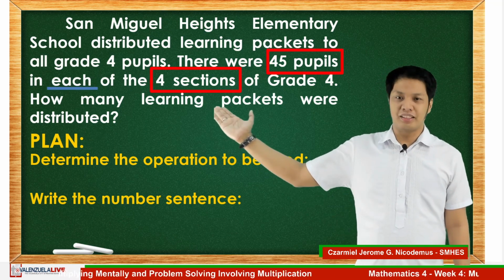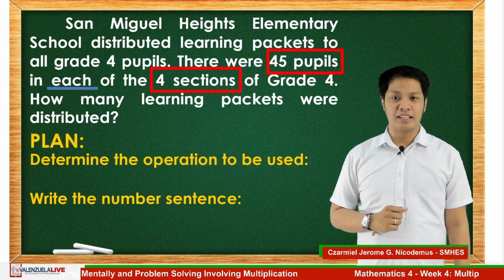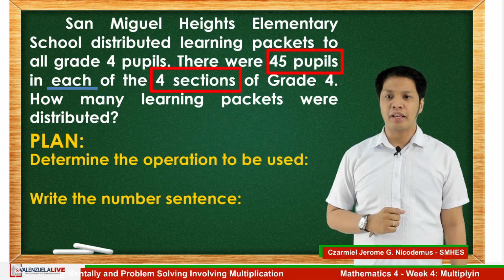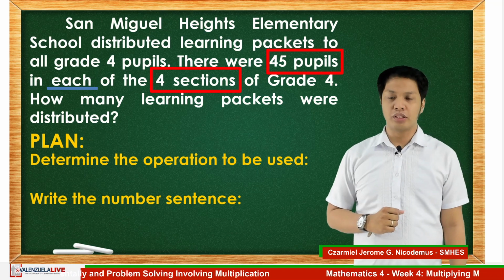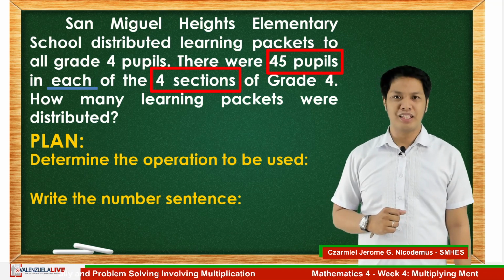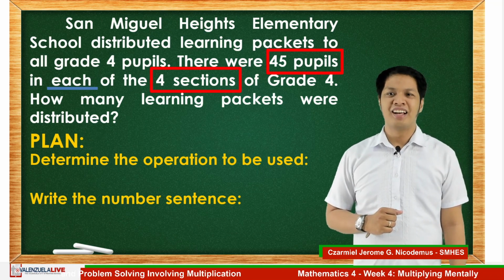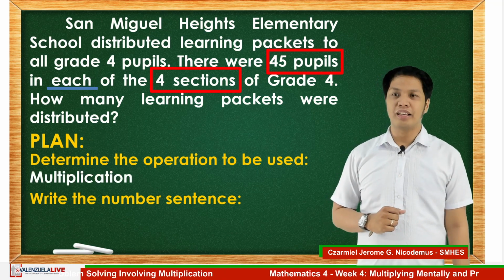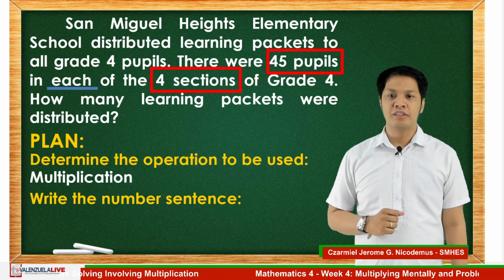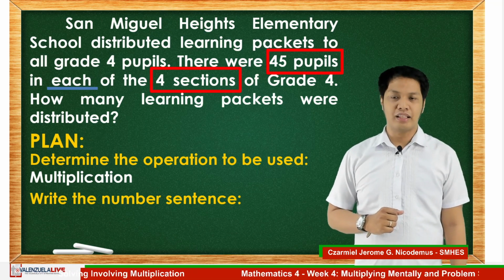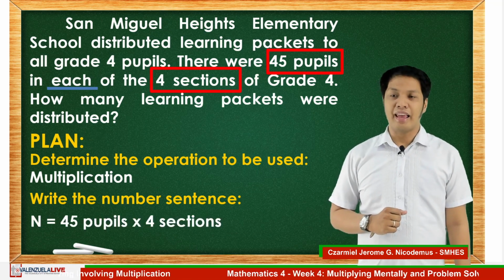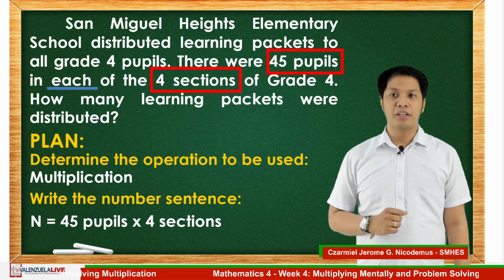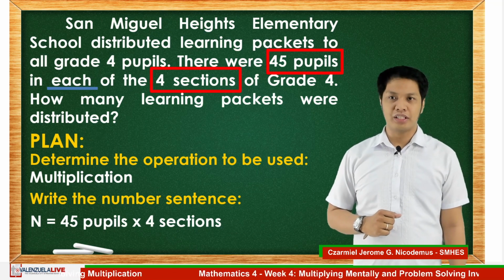The word each tells us that we need to multiply 45 pupils by 4 sections to know the number of pupils in grade 4. Therefore, the operation to be used is multiplication, and the number sentence is n equals 45 pupils times 4 sections.